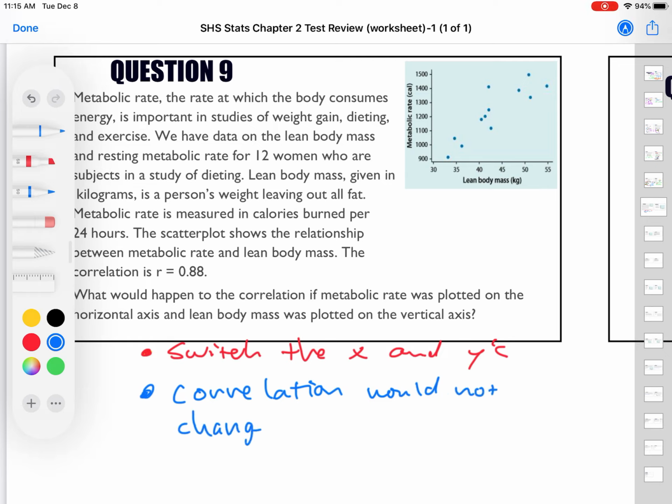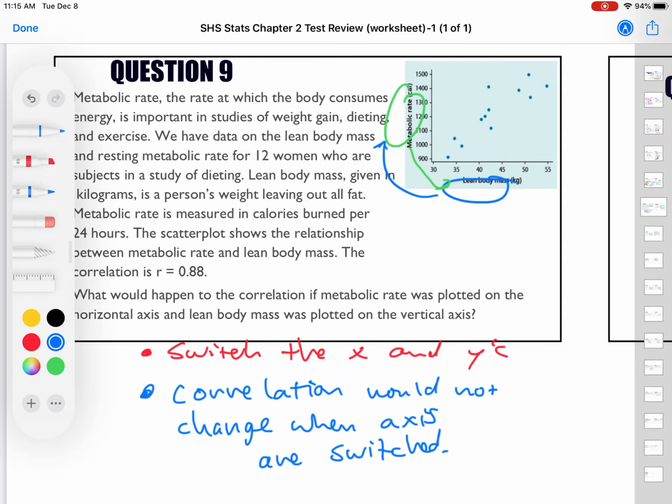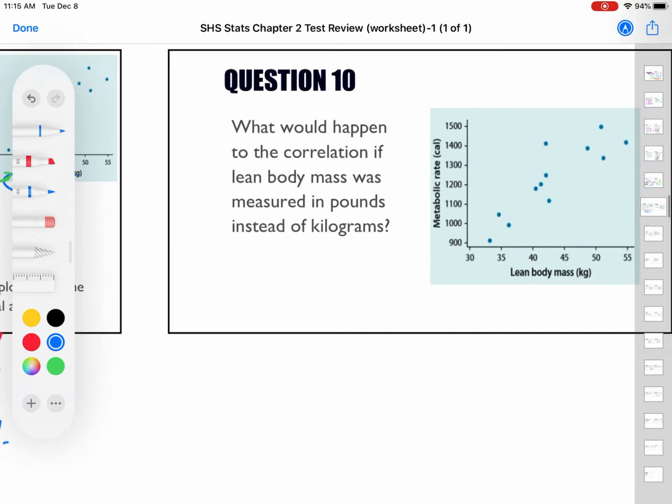So even if you did switch the x's and y's, like this goes here, and this one goes over here, you're switching the order pairs, but it would not change the correlation. Okay, so that's question number 9.